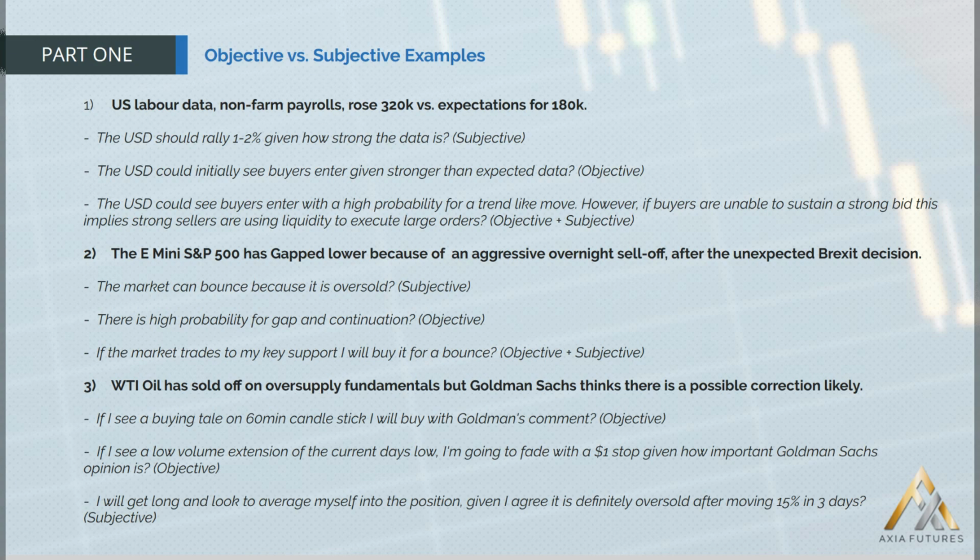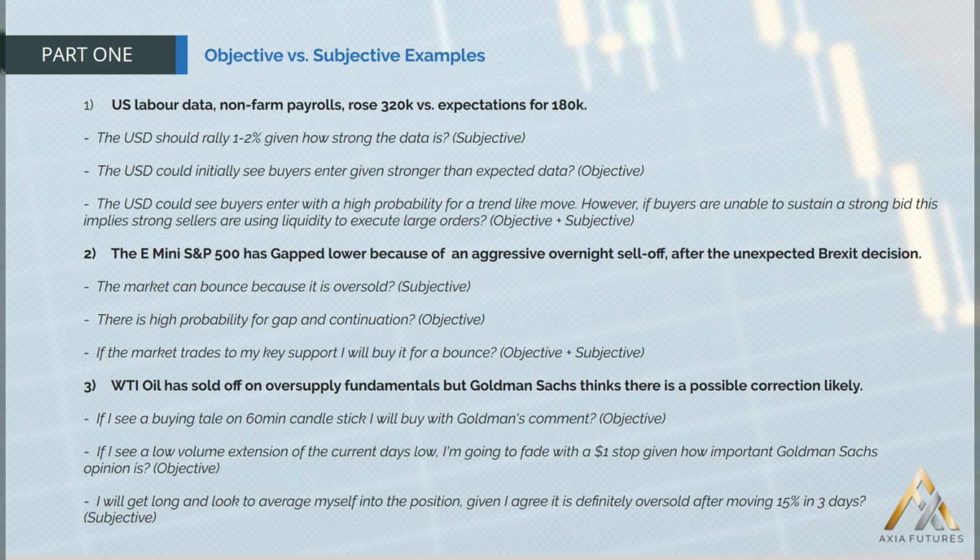Then our third example, the US dollar could see buyers enter with a high probability for a trend-like move. However, if buyers are unable to sustain a strong bid, this implies strong sellers are using liquidity to execute large orders. Now this is a mix. It's a tricky one. It's a bit of objectivity with a bit of subjectivity. But note how we're being objective first and foremost with a little bit of subjectivity.